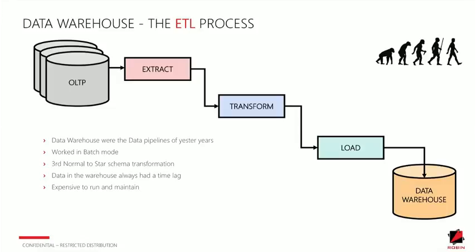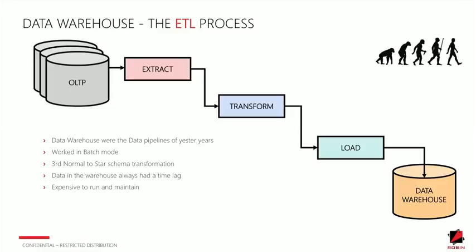But the problem with that setup was that there was always a time lag between the data that you were analyzing on the warehouse and the data that was actually in the OLTP system. Sometimes this time lag was days, sometimes it was weeks, and it was very expensive to run and maintain.